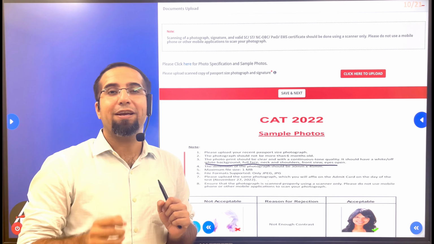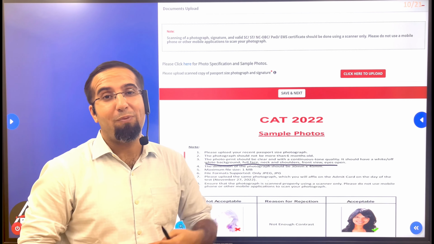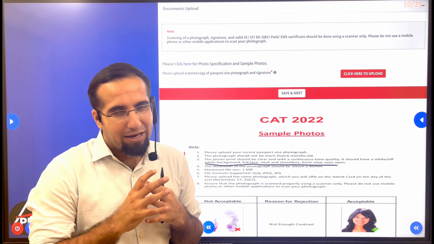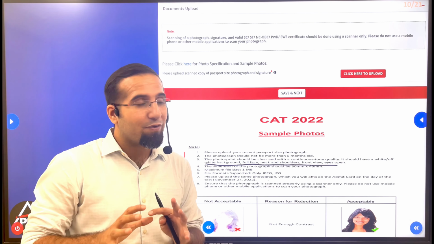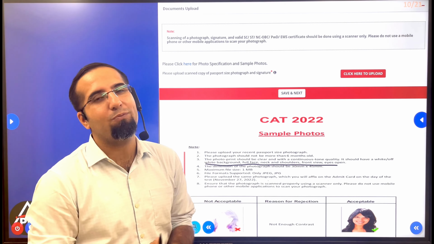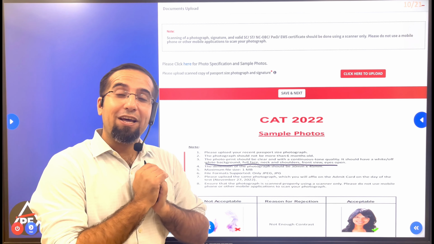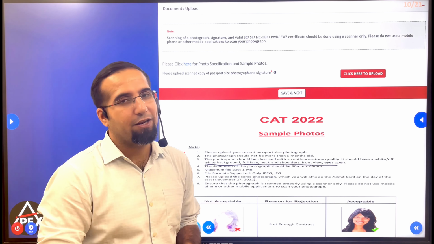Do not try to use smart measures like taking a photograph from your mobile with a white background. Let's not take the risk, guys. It's a very important exam for us, so we need to ensure we are taking the right steps. We still have a lot of time to fill the form, so go get a freshly taken passport size photograph and then apply it in your CAT form.